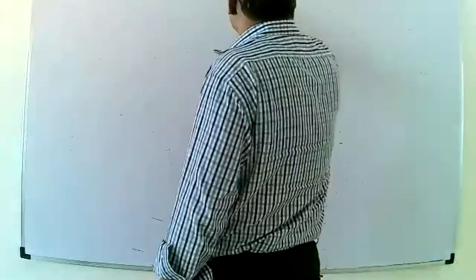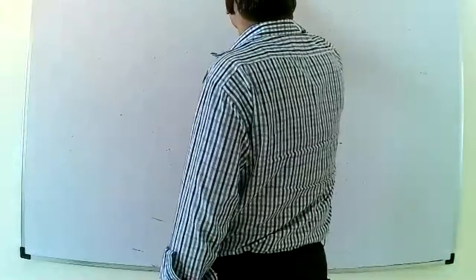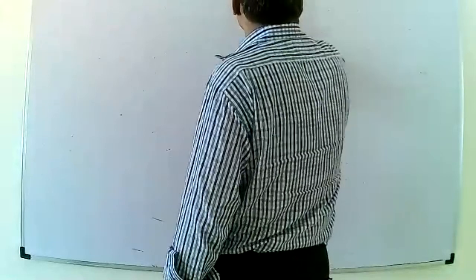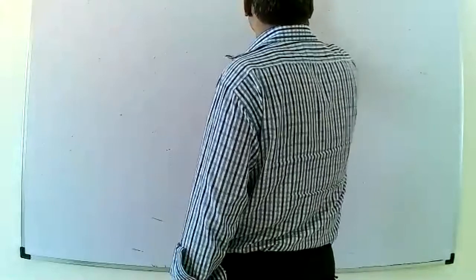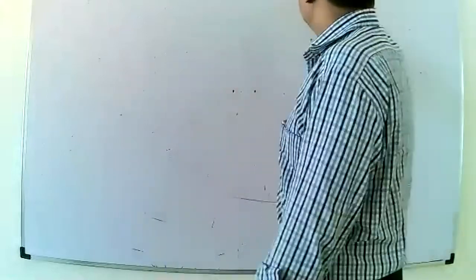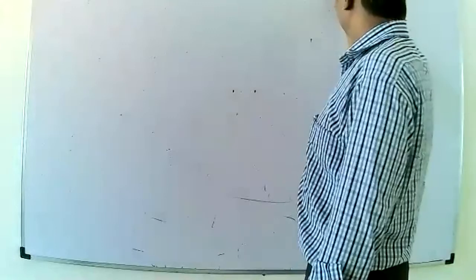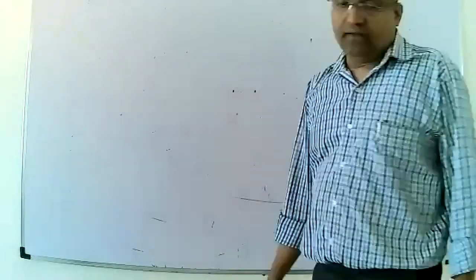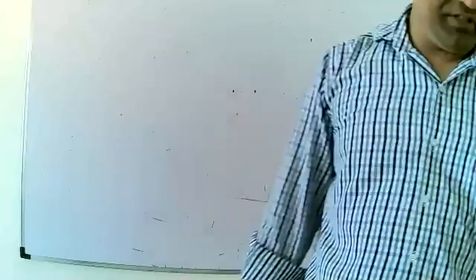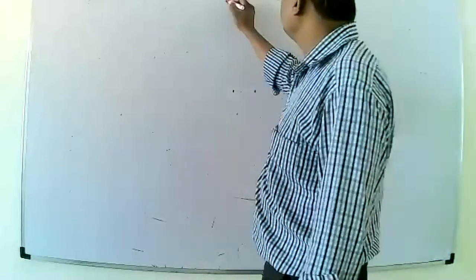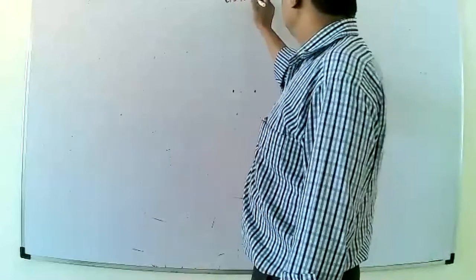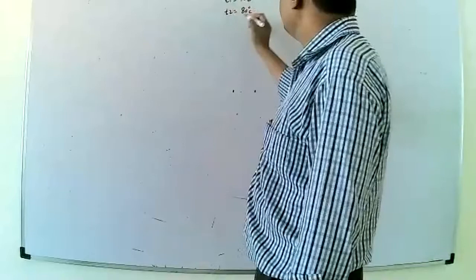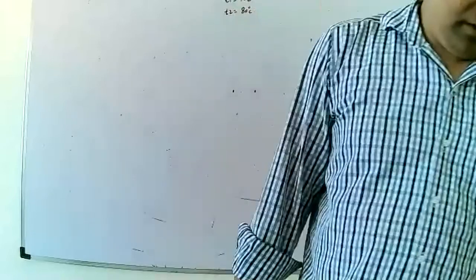First of all, the given data. Length is given as 2 meter, that is 2000 mm, because 1 meter is equal to 1000 mm. Next, temperature T1 is given as 10 degrees Celsius, T2 is given as 80 degrees Celsius.